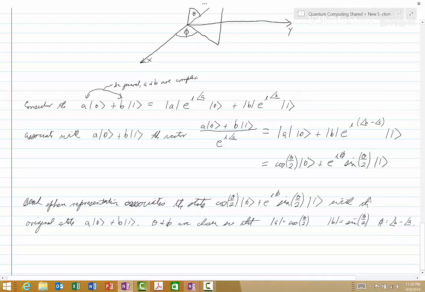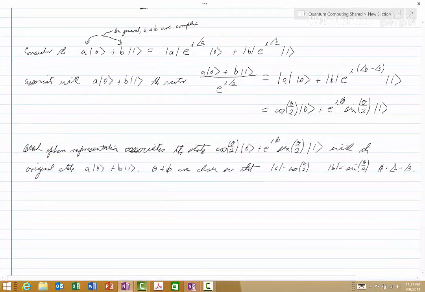And here theta and phi are chosen so that cosine theta over 2 is the magnitude of A, sine theta over 2 is the magnitude of B, and phi is equal to the phase of B minus the phase of A. And of course, with this theta and phi, we can choose a point on the sphere. Now, I don't want to do too many examples of this, but I do want to do just a few, and then we'll get to problems.